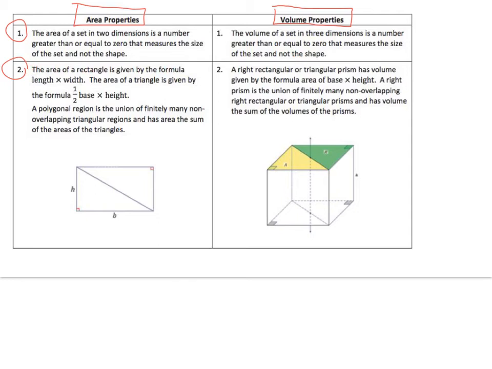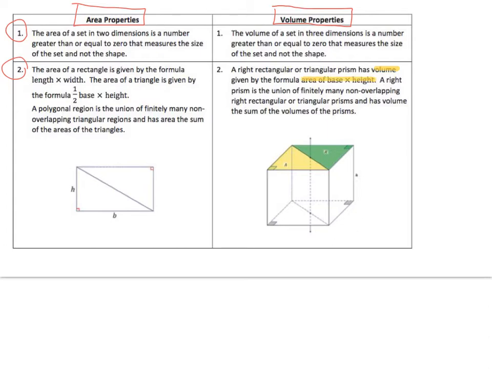The area of a rectangle is length times width. The volume of a right rectangular or triangular prism is the area of the base times the height. Let's highlight that, because that's important and we need to continue to remember it. So volume is given by the area of the base times the height.